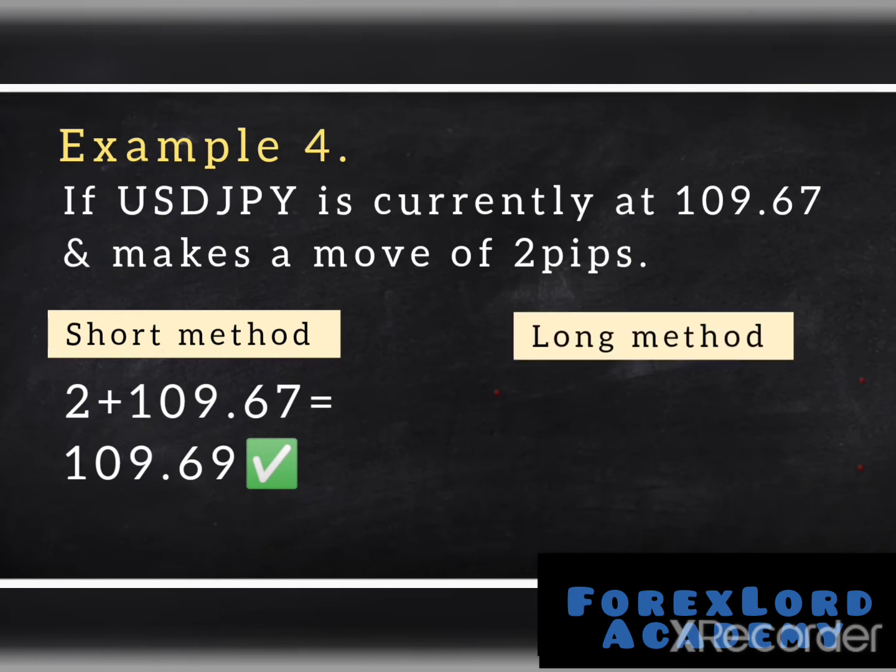Remember, guys, I told you for a JPY pair, 1 pip is equal to 0.01. It's no longer 0.0001, that is for Euro USD. Remember that. I told you to know this formula from the beginning.